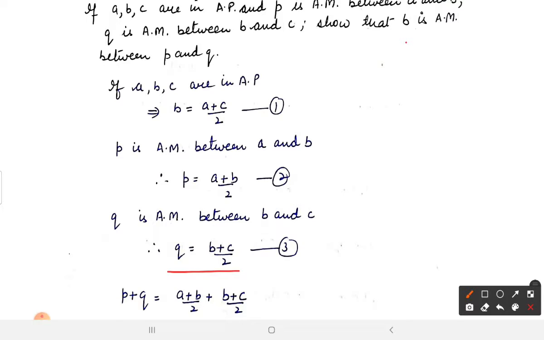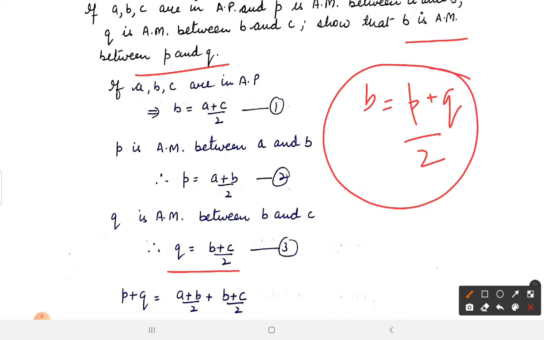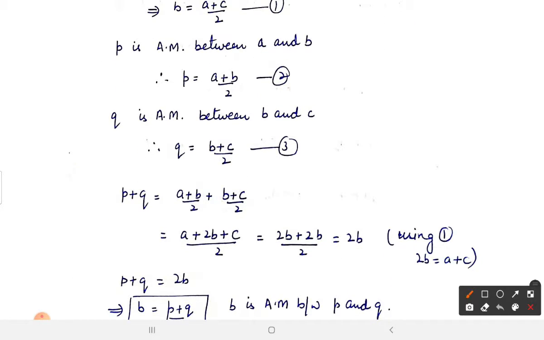What we want to prove is that B is the arithmetic mean between P and Q. To prove that, we need to prove B = (P + Q)/2. Clear? So how will we prove this? Let us find the value of P + Q. By adding the second and third, we get (A + B)/2 + (B + C)/2, so we have (A + 2B + C)/2.